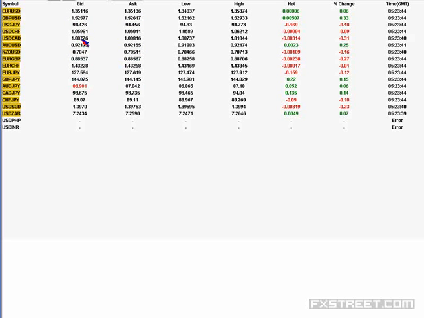Then in the case of Canadian dollar, it is testing again below 1.01. So 1.0104 is the high, 1.0073 is the low. The net change is 31 pips negative.